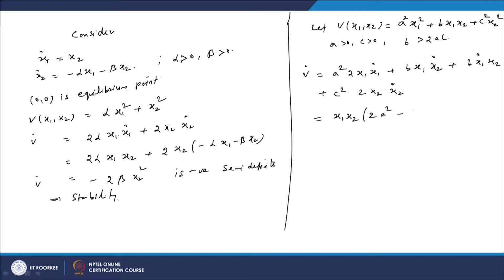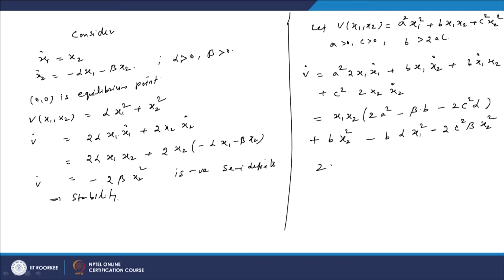a square minus beta into b minus 2 c square alpha, then we will get plus b into x2 square minus b into alpha x1 square minus 2 c square beta into x2 square. So, we can see that if you select a, b, c properly, then we can make this bracket to be 0.